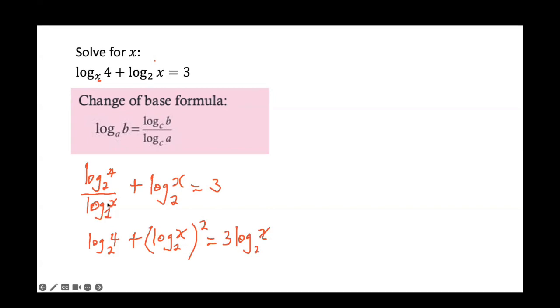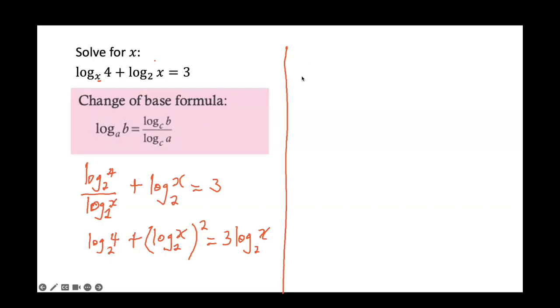So we multiply through by the denominator, logarithm of x base 2. When it multiplies the first term, it cancels out the denominator, and logarithm of x base 2 times logarithm of x base 2 becomes logarithm of x base 2 all squared, equal to 3 times logarithm of x base 2.